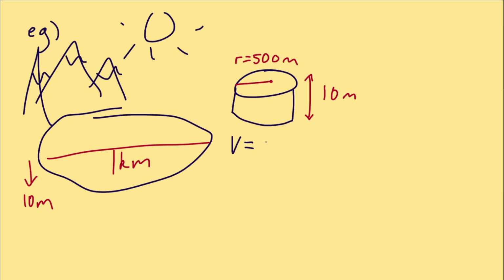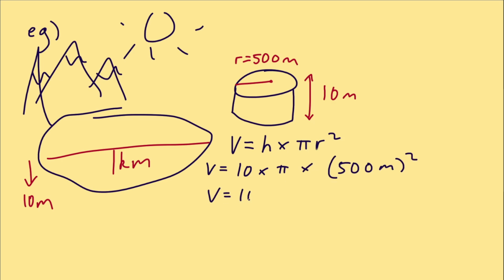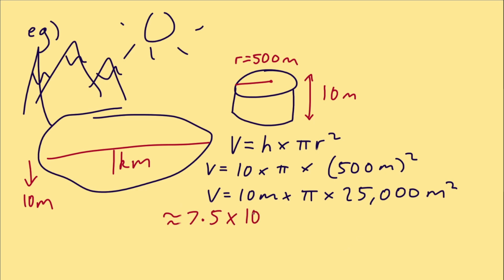The volume formula is height times pi r squared. So this would be height times pi times the radius squared. The radius squared is equal to 250,000 meters squared. We've just plugged everything in. Once you solve it, it's roughly 7.5 times 10 to the power of 6 meters cubed.